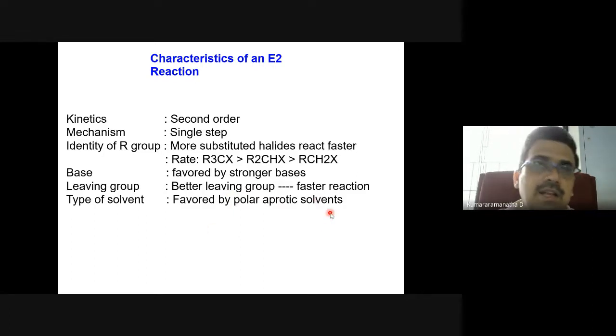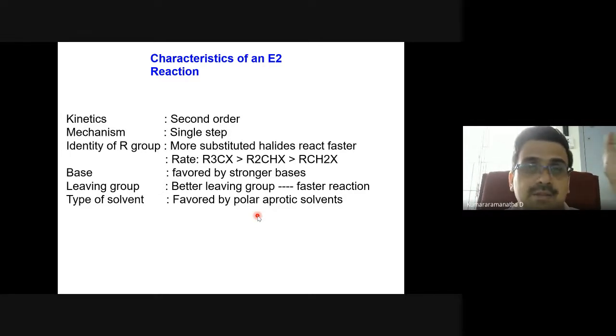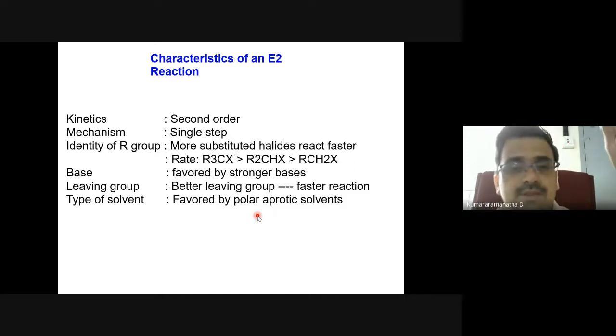And again, a point which I didn't discuss more today is that when you have aprotic solvents, the reaction is faster. Remember, we talked about the hydrogen bonds with the solvent system in the SN2 mechanism. Same as that concept: if you have aprotic solvents, the reaction will be faster.